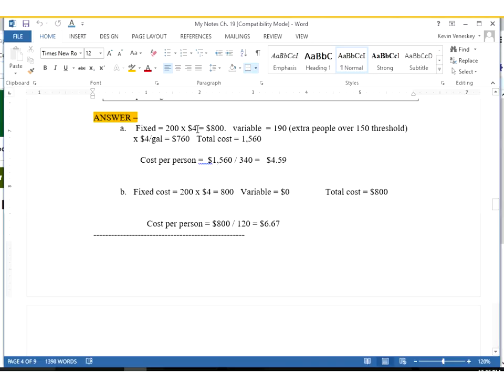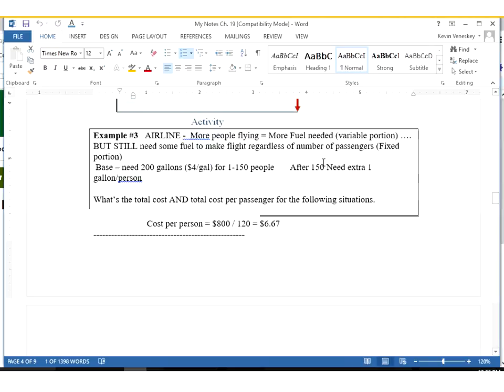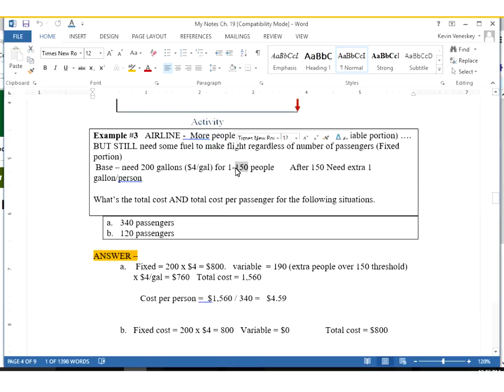All right, so if I had 340 passengers, I know that my fixed costs were $800. I'm going to have 200 gallons at $4 a piece, even if I don't fly anybody, just the one person. So that's $800. That's going to be there regardless. The variable costs, say I have 190 people over that first threshold of 150.